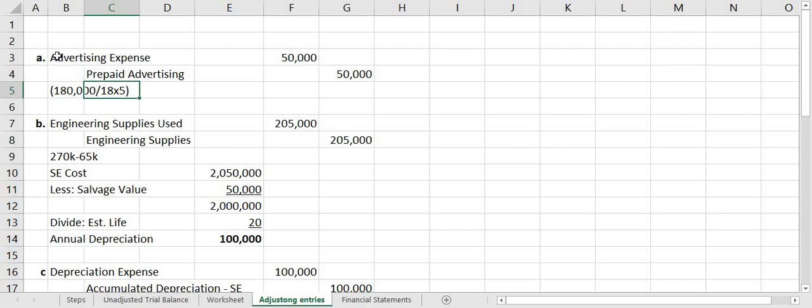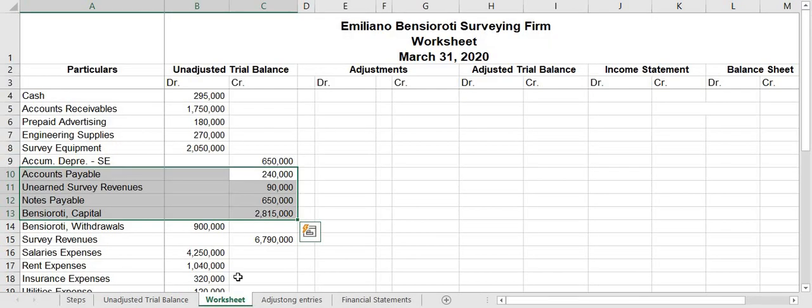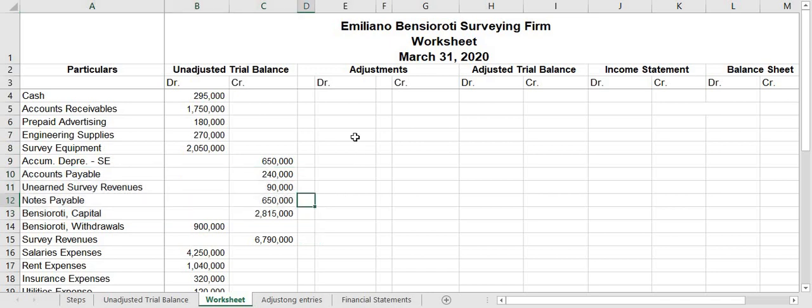So, as you can observe, there are letters at the side per adjustment. Okay? We will use that in transferring said adjustments to the adjustment column of the worksheet. Okay? In order for us to allow cross-referencing and checking if we correctly transferred the adjustments to the appropriate accounts.